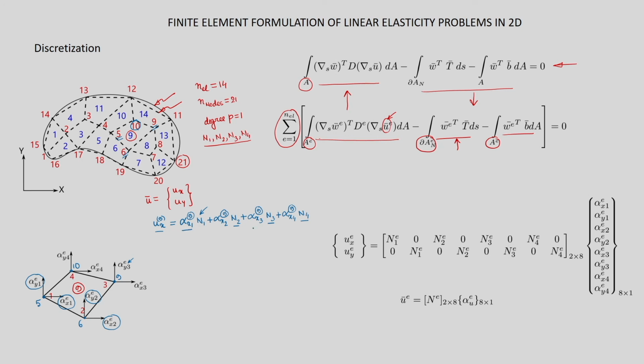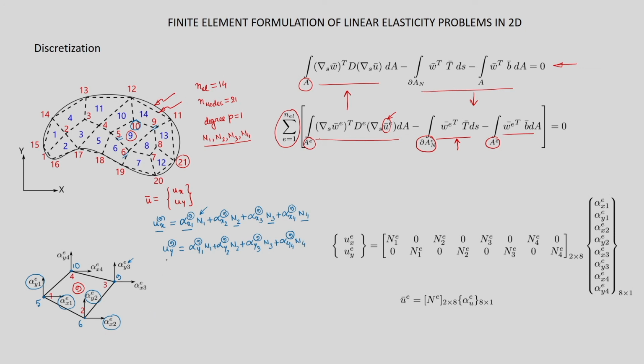So, similarly we can check for other alpha x also. Similarly, uy in element 9 we can represent as alpha y1 in element 9 into n1 plus alpha y2 in element 9 into n2 plus alpha y3 in element 9 into n3 plus alpha y4 in element 9 into n4.